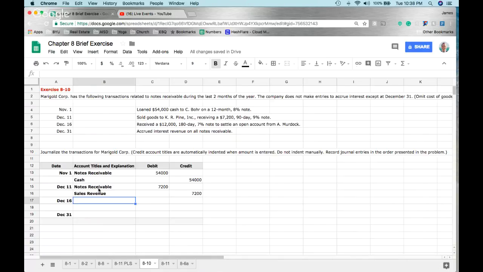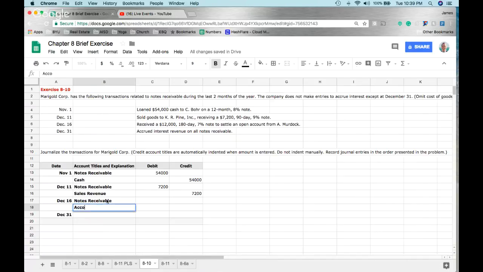On December 16th, received a $12,180 7% note to settle an open account from a Murdoch. So December 16th would be notes receivable because it is a note, we're loaning them money.